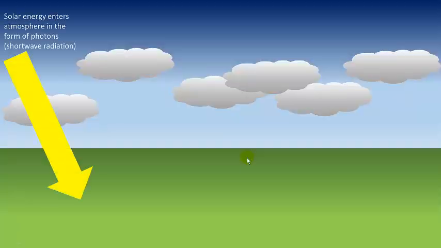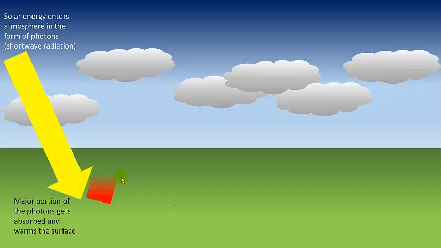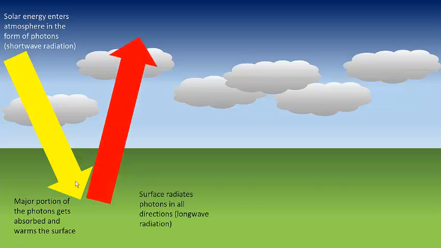We can diagram that in a fairly conceptual way the following way. We can think of the original beam coming in from the Sun, and most of that portion is being absorbed by the surface. This will cause the surface to warm, and as a result of the warming it will give off radiation associated with that warm temperature, and that outgoing radiation is partly intercepted, so it doesn't go straight into space.